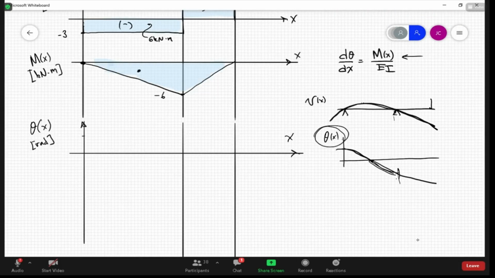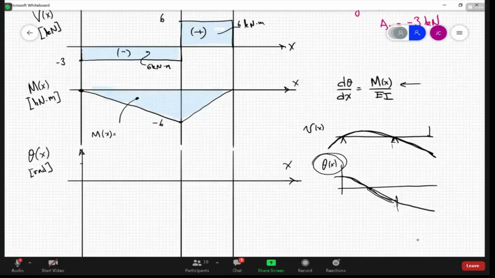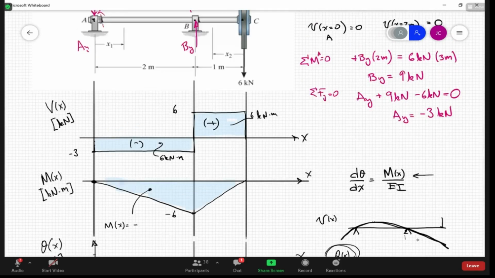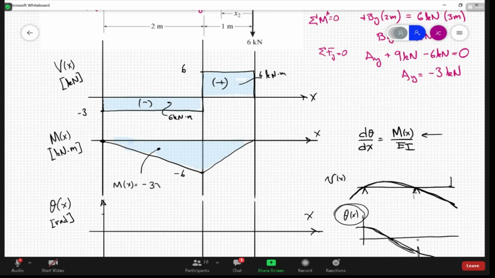in this region, we know that the moment is equal to minus 3x, because it starts off at 0 and then gives me minus 6 at 2 meters.